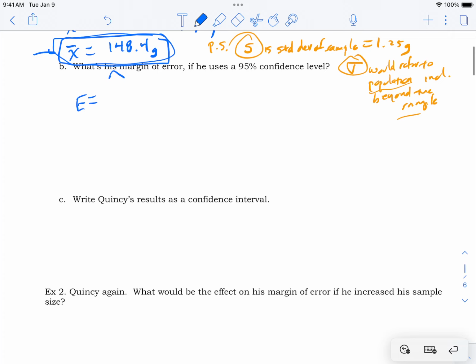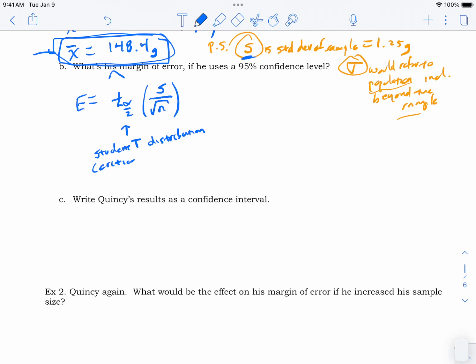E equals this funny thing called T alpha over 2, and then we have S, the standard deviation of the sample, over the square root of N, which is the sample size, right? So they gave us the S, they gave us the N. What they did not give us was this. This is called the student T distribution, and actually it's a critical value of it.